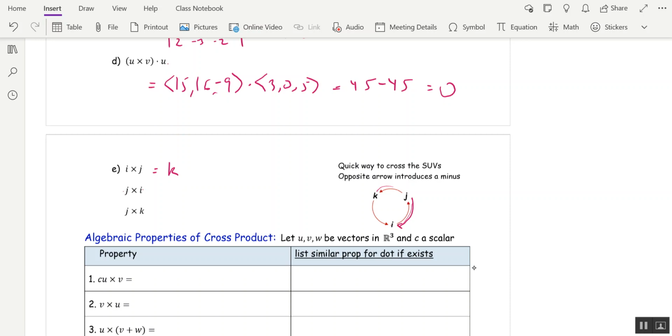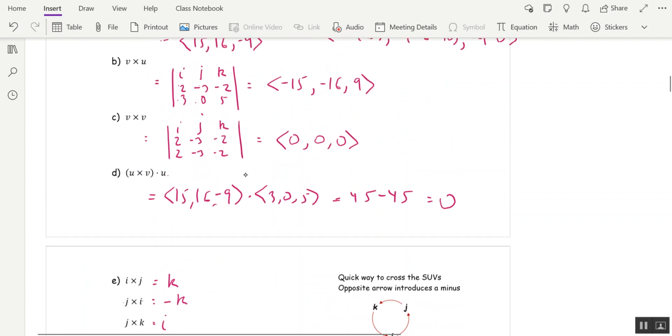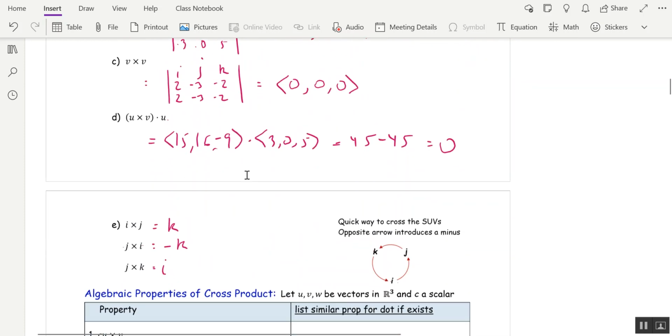If you go against the arrows, you still get the next letter in the circle, but it's negative. Negative K. And then finally, J cross K is I. You can also get these answers by just doing the standard cross that we did up above.